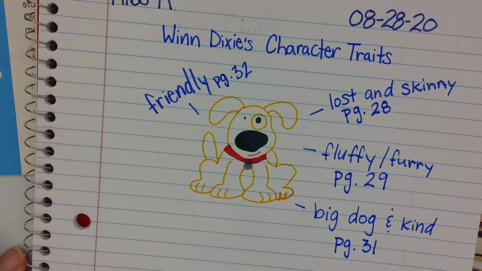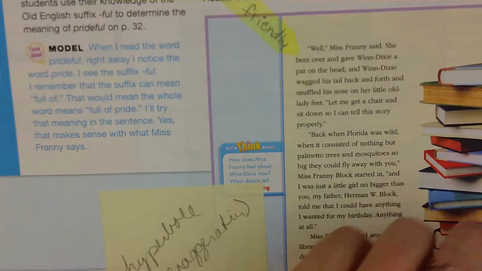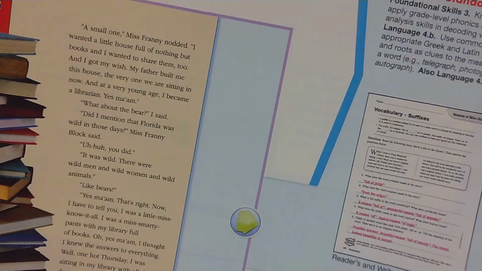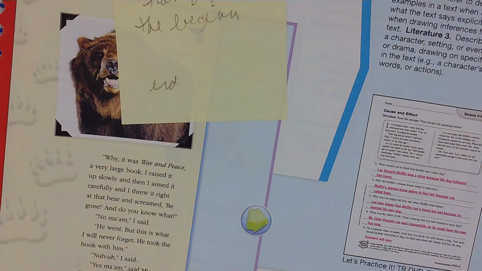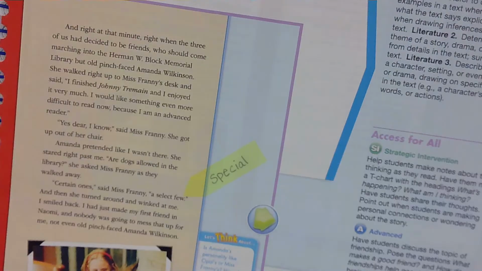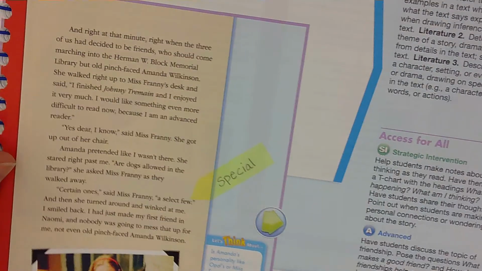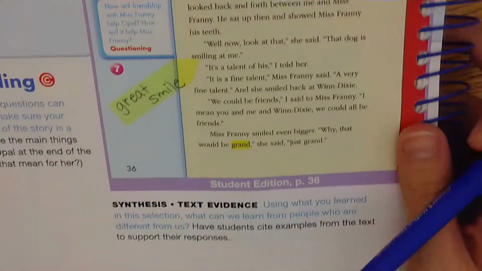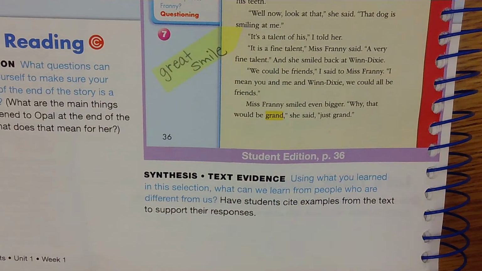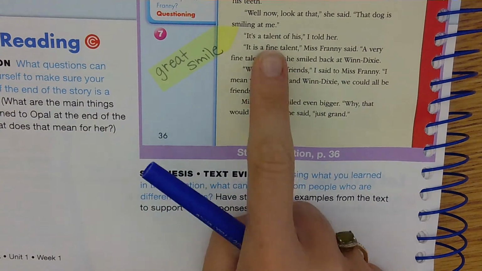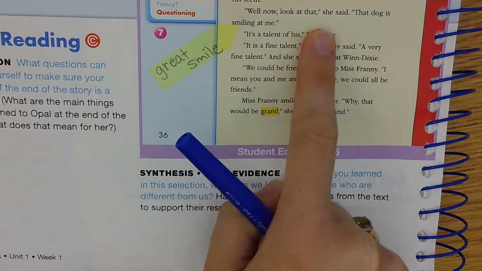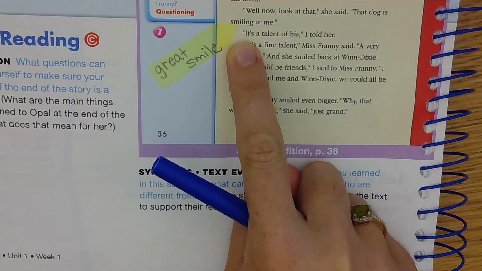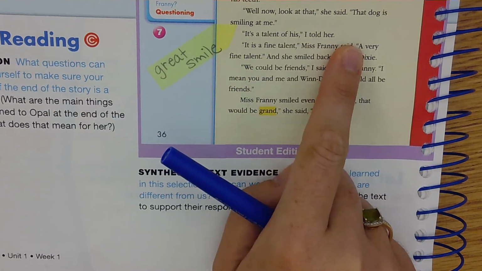Okay. Sorry, I gotta turn my pages here again. Go to page 36. And towards the bottom, it says, "Well, now, look at that," she said. "The dog is smiling at me." "It's a talent of his," I told her.